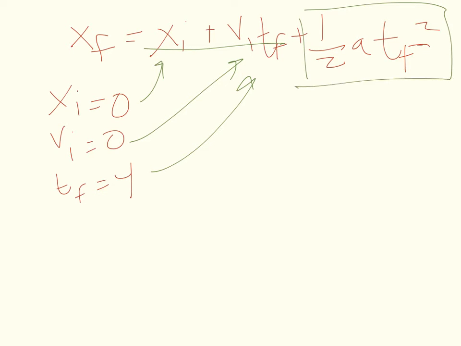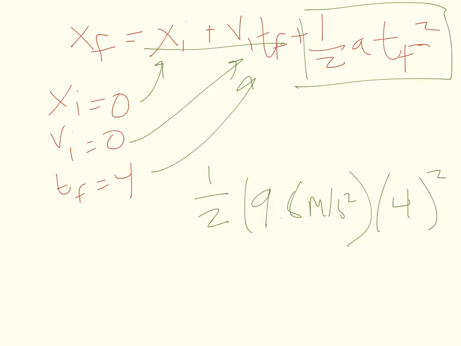No big deal, right? 1/2 times acceleration. Now acceleration, we remember, is gravity, meters per second squared. And we've got our time final. Our time final was 4, and don't forget to square it, 4 seconds. Now we'll multiply straight across, but when we square 4, we get 16 seconds squared.